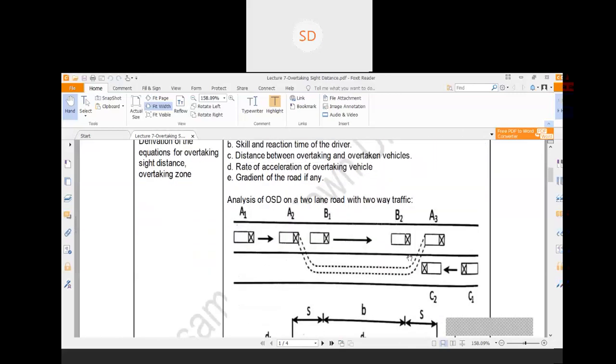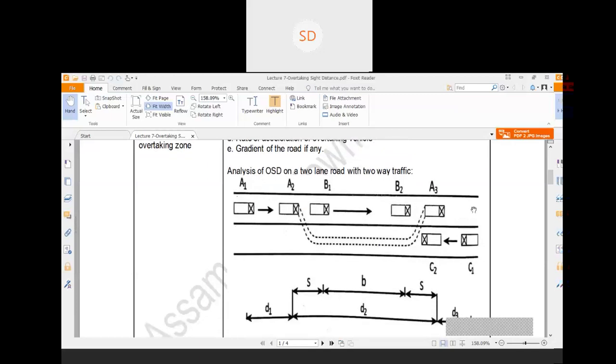So let us discuss these things with the help of this figure. Suppose this is a road, and this is a two-lane road. In one direction, two vehicles are there, vehicle A and vehicle B. A1, A2, A3 and B1, B2 are the positions of vehicles A and B in different time frames.